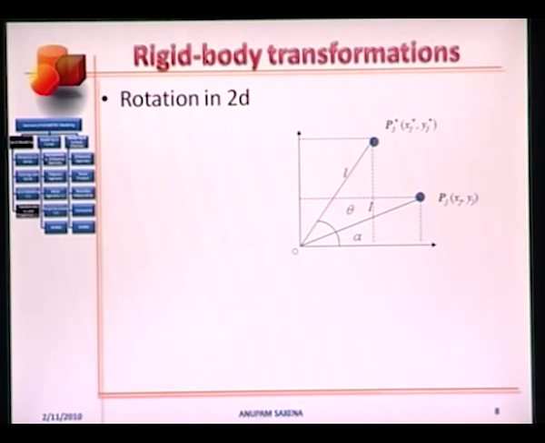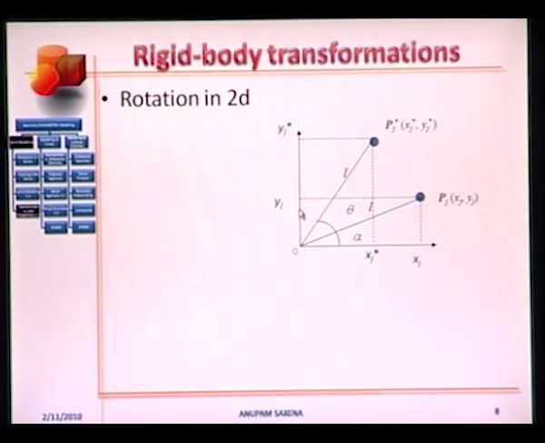We can determine what the abscissa and ordinates of Pj and Pj star are. This is xj star, which is the projection of this position vector on the x-axis. This is xj, which is the projection of Pj on the x-axis.